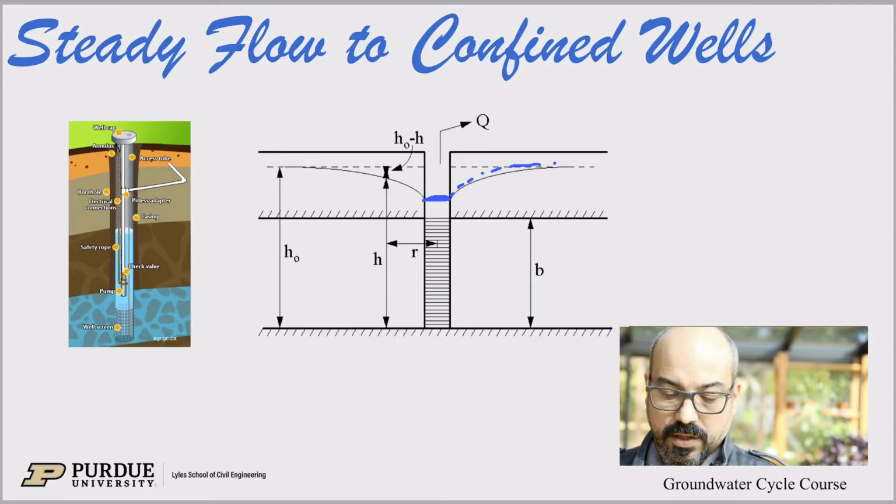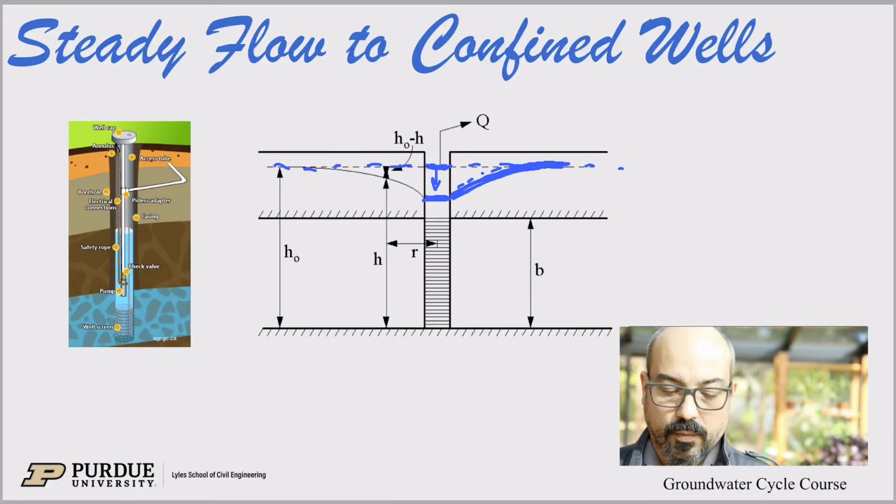Imagine this is your steady water level when you're not pumping. When you start pumping, obviously the water level drops in the well, and with the water drop in the well, what drops is the head, or the potentiometric surface. So the potentiometric surface, if there's no pumping, is somewhere here, assuming it's flat and stable.